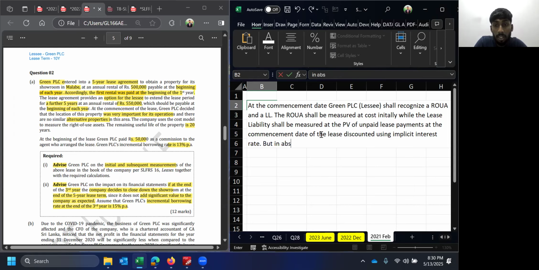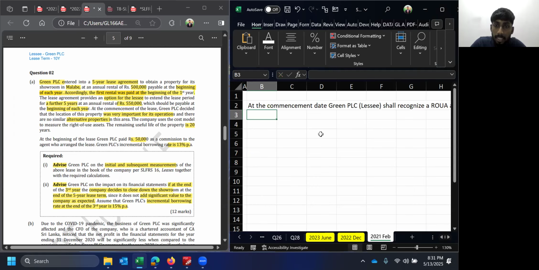But in the absence of an implicit interest rate, the lessee's incremental borrowing rate can be used.